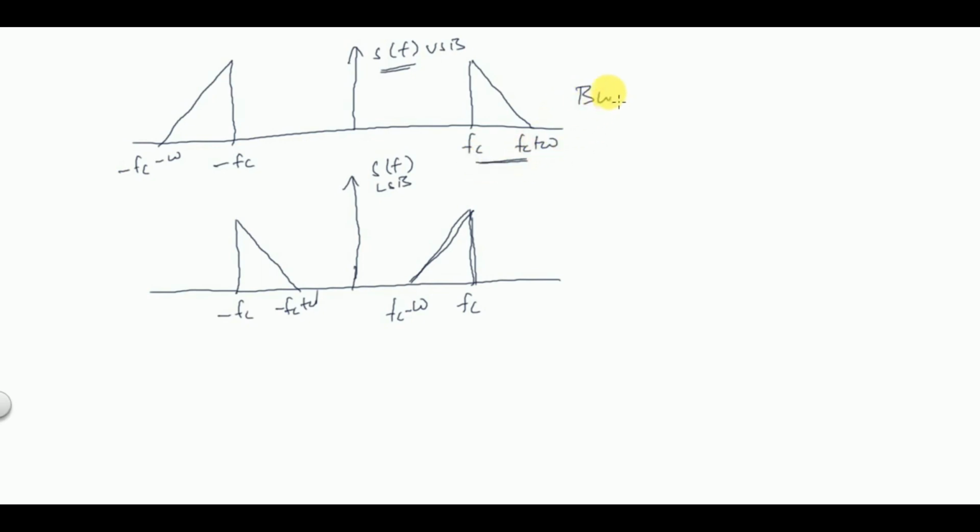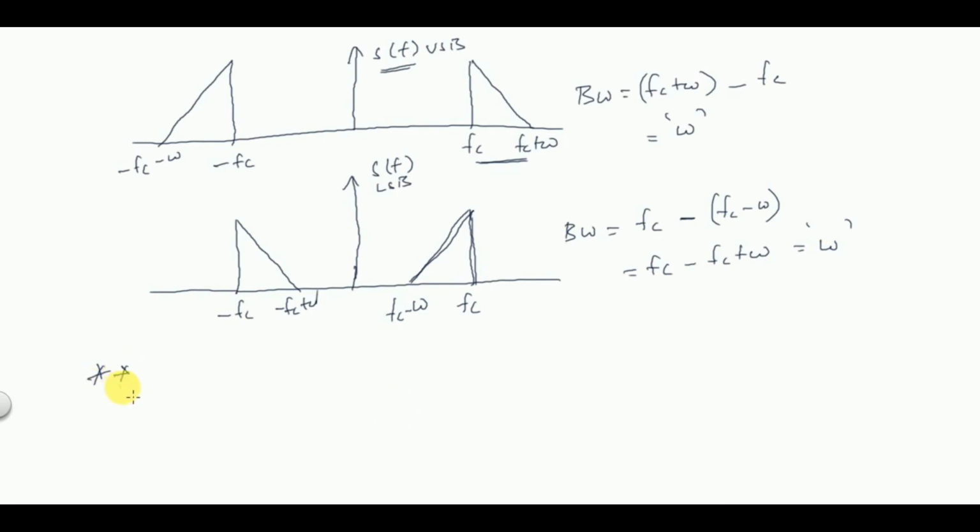For USB, the bandwidth is the highest frequency fc plus W minus the lowest frequency fc, which equals W. For LSB, the highest frequency is fc minus the lowest frequency fc minus W, which is again equal to W.